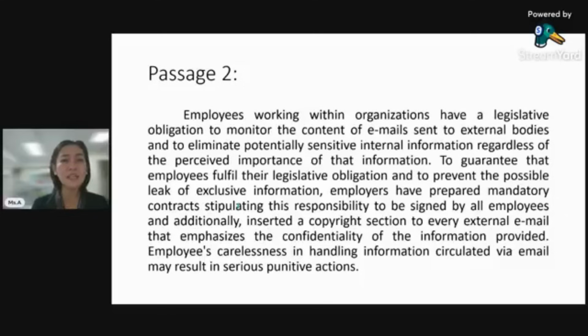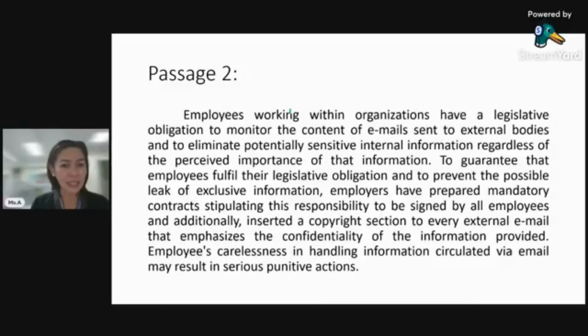So to guarantee that employees fulfill their legislative obligation and also to prevent possible leak of exclusive information, employers have prepared mandatory contracts, okay, stipulating this responsibility to be signed by all employees. And then additionally, inserted a copyright section in every external email.